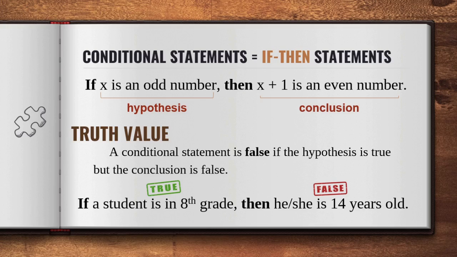So, it is not always the case wherein an 8th grader is 14 years old. Therefore, the conclusion is false. Since we have a true hypothesis but a false conclusion, this conditional statement is false.